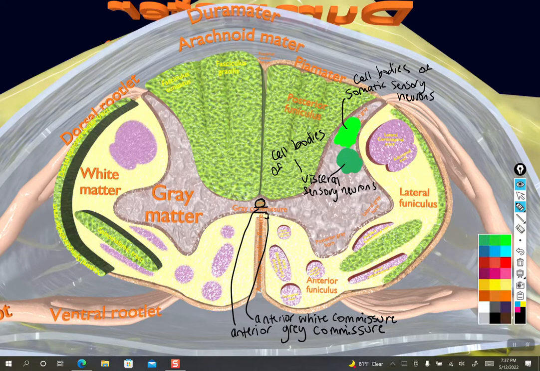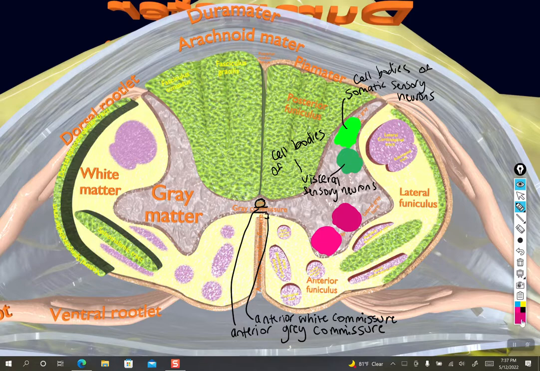So we established that pink is our color for efferent. So we have cell bodies of motor neurons for the somatic nervous system, and then a little bit above for the autonomic or visceral motor neurons. So let's label those.